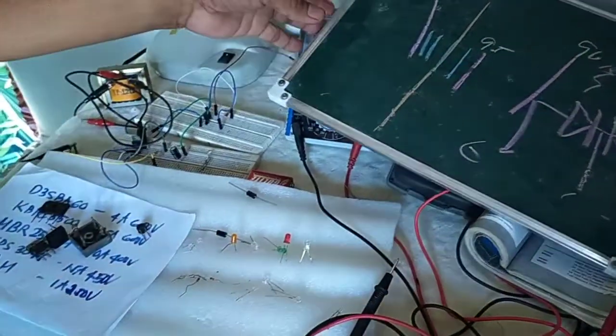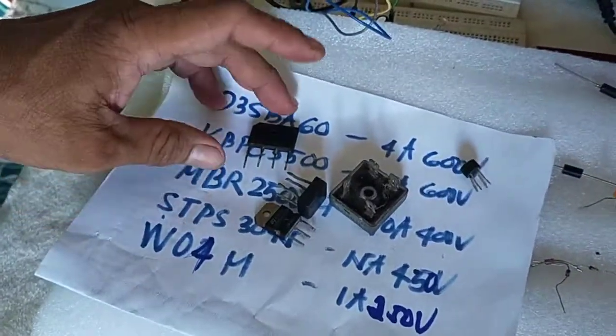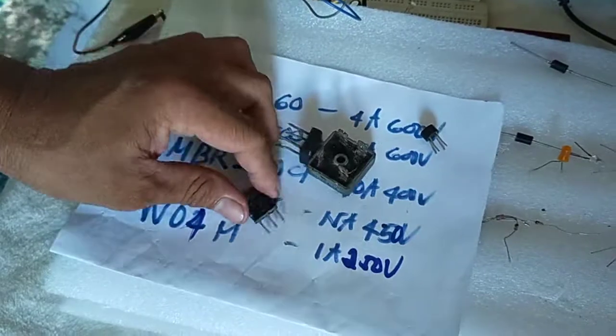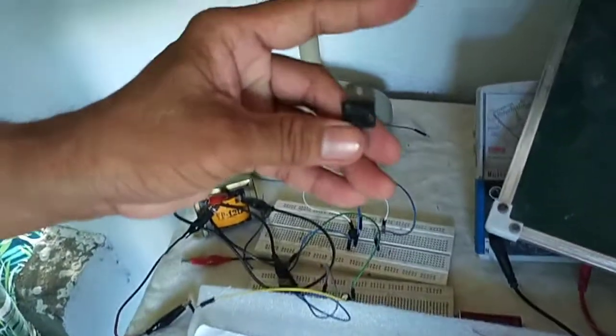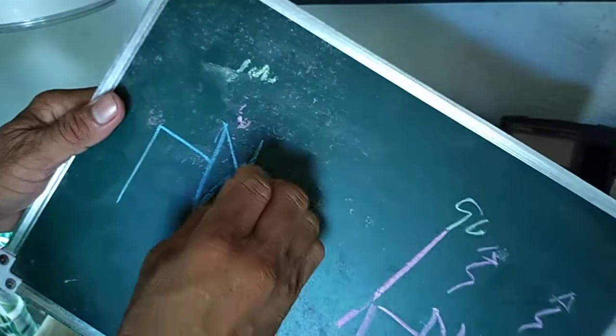Okay, let us now come to this full wave rectifier. We have here the dual rectifier. So it goes like this. Dual rectifier diode.